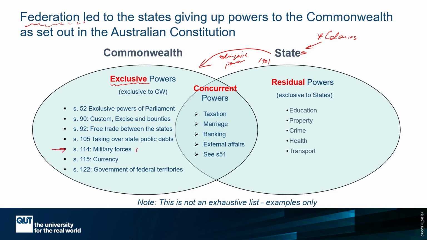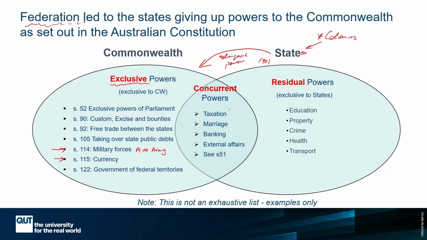It's the Australian Army. There's no Queensland Army. And in fact, Queensland can't raise an army. It gave that power to the federal government. It gave the power to making a currency, the Australian dollar, not the Queensland dollar. Okay? So there's a whole series of areas where the Commonwealth gained the power.